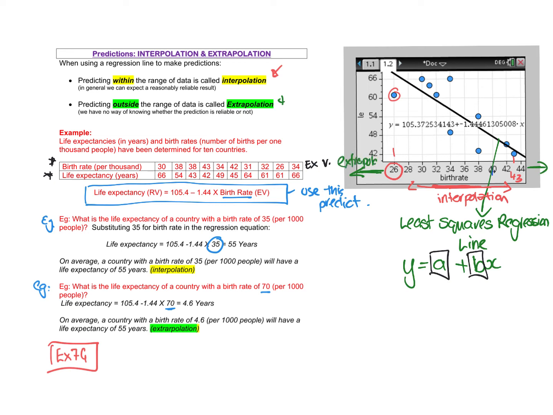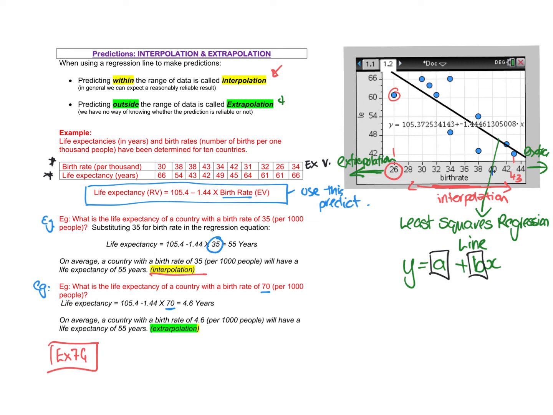If you predict an X number smaller than the smallest or larger than the largest, that's extrapolation. Looking at our examples, when we were asked to predict 35, is that interpolation or extrapolation? Was 35 inside our data? Yes, so that one was an interpolation.